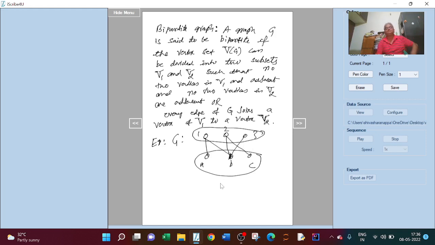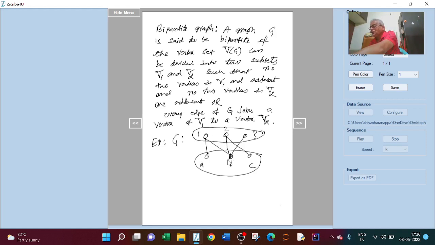And suppose every vertex of V1 is adjacent with every vertex of V2, then we say that it is a complete bipartite graph. Suppose V1 consists of m vertices and V2 consists of n vertices. If this is a complete bipartite graph, then we denote this by K m,n.